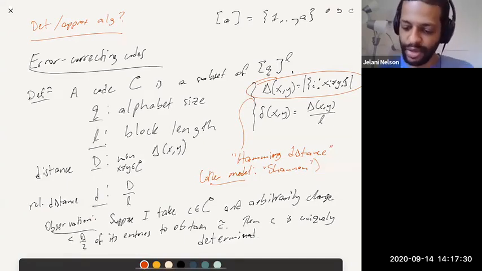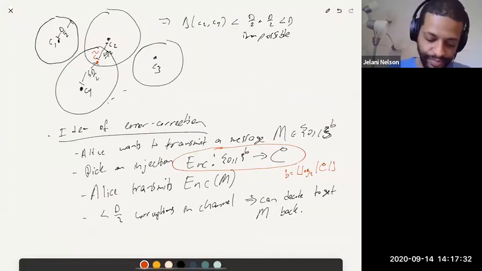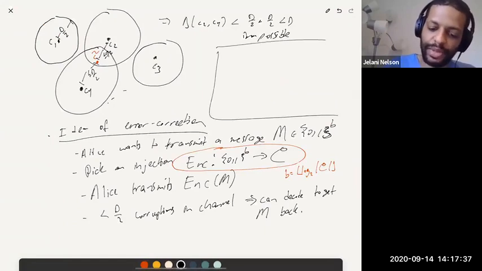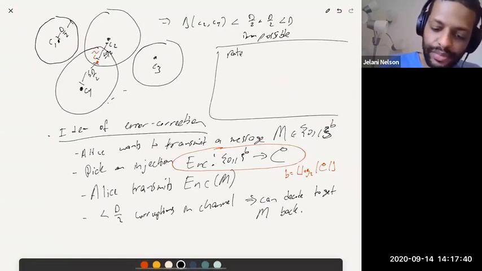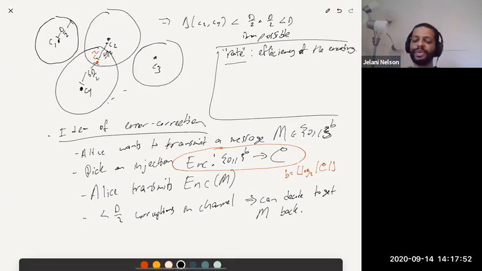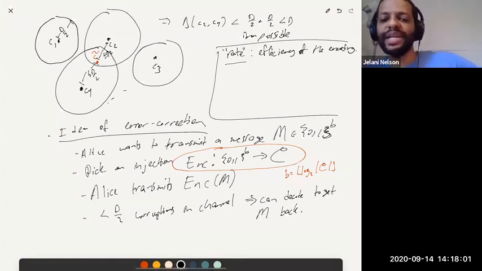Kind of the rate. People talk about this in coding. There's another parameter which I'm not going to spend too much time on, which is called the rate, which you can think of as the efficiency of the encoding. In this picture, basically what it's saying is I went from B bits to log base 2 of C bits.